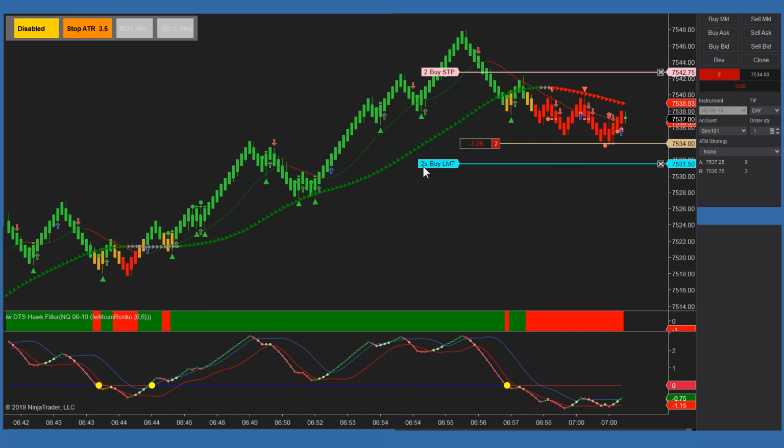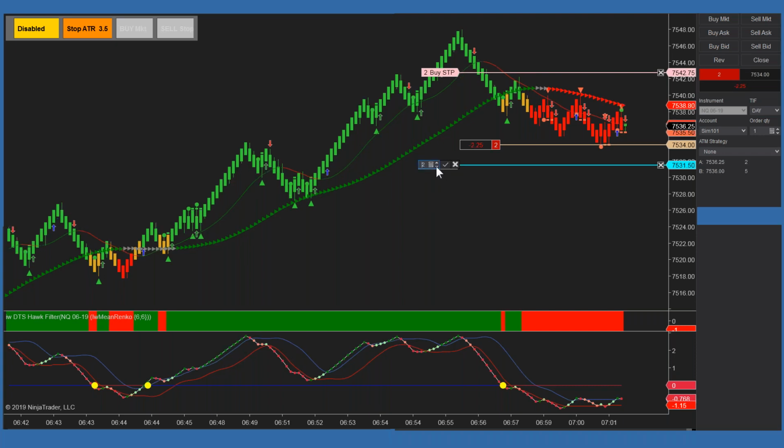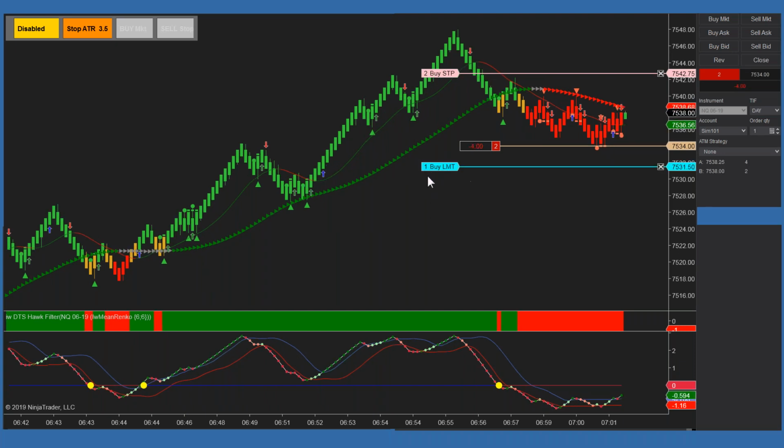Now you can see here with the Hawk trade, we actually have the luxury of more than one contract. So if you wanted to leave a runner in, you could take profit on one contract and then try to run the other one out. Let's see if they're going to allow me to do that.